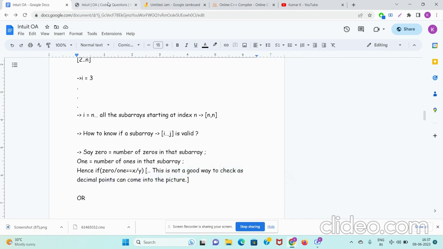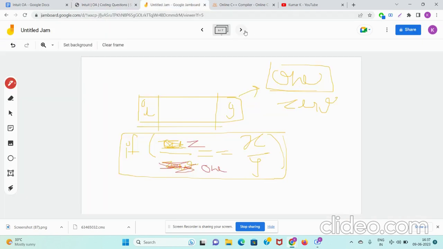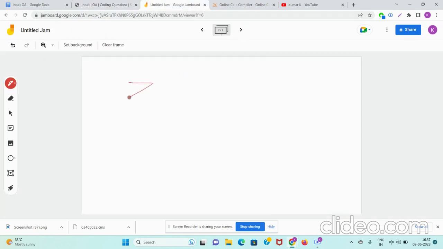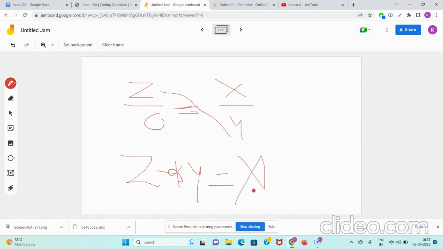So you can do cross multiplication. z by o should be equal to x by y. If you do the cross multiplication, z into y should be equal to x into the number of ones.